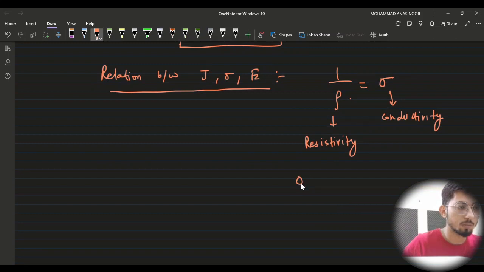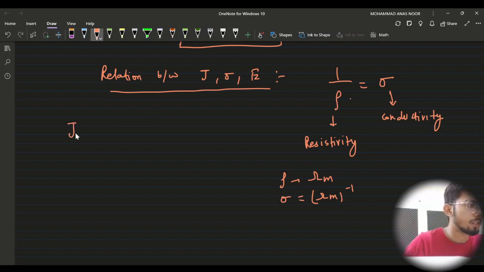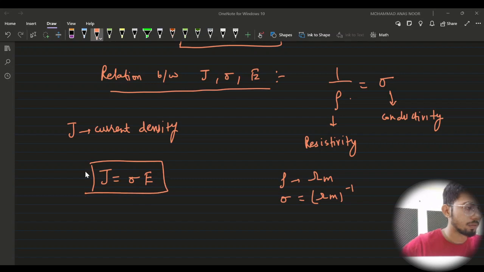Ohm meter is the unit of resistivity, so sigma would have ohm meter inverse, or 1 by ohm meter. J is the current density, the current per unit area. So the relation between the three is J is equal to sigma E, that you should remember.